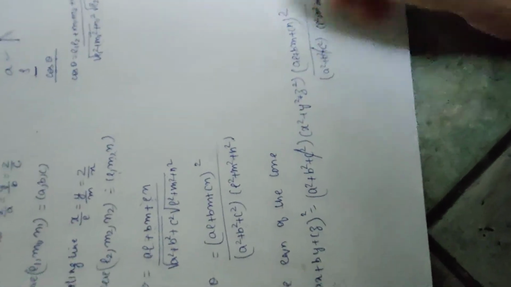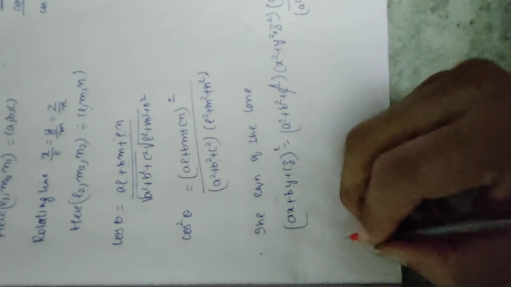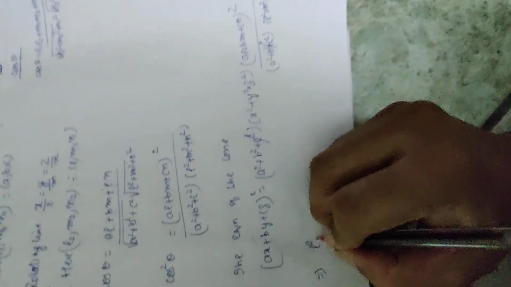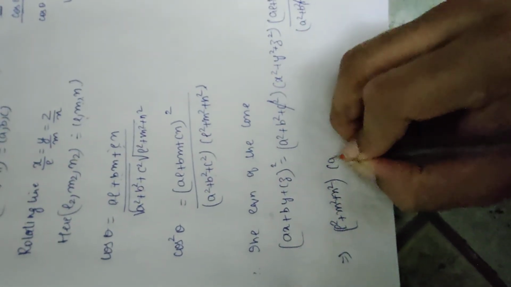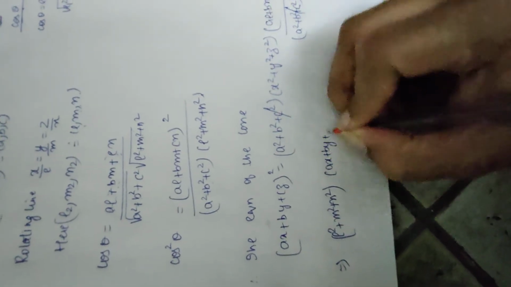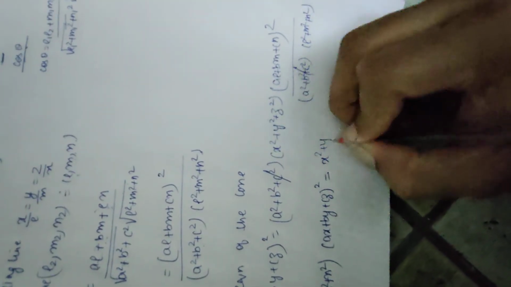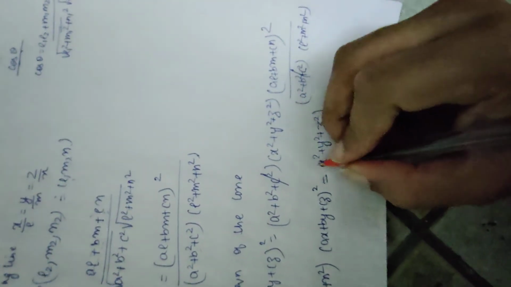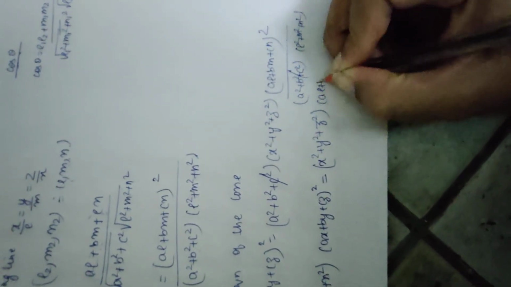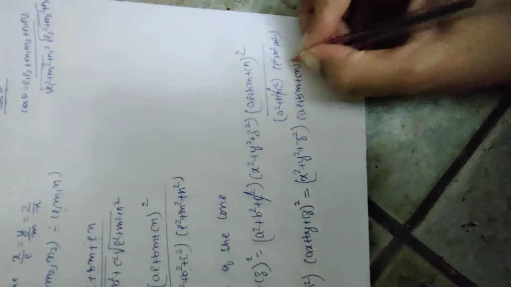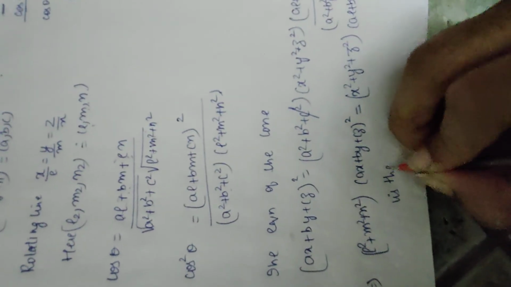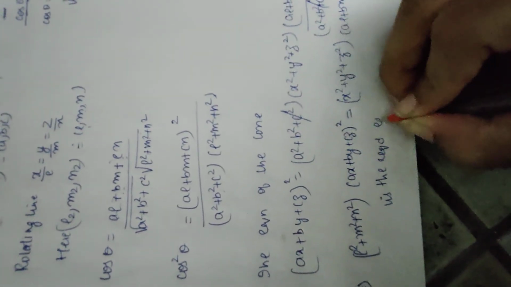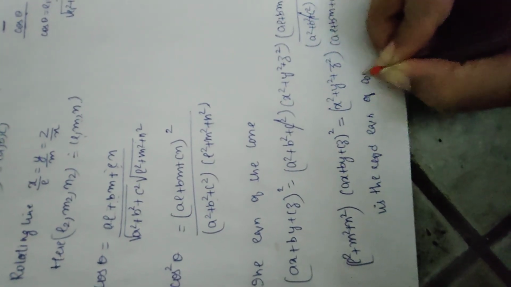So this and this will get cancelled. This is the term which I'm going to send to the other hand side, which gives l square plus m square plus n square into the same term, equal to a l plus b m plus c n whole square. This is the required equation of the cone.